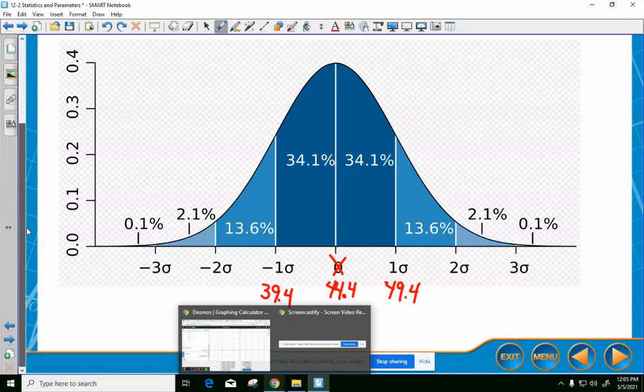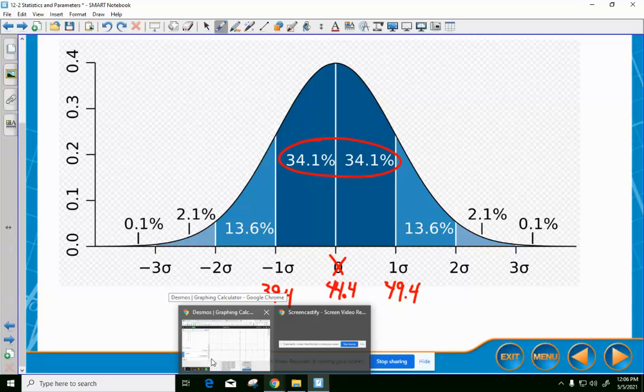So between the scores of 39.4 and 49.4, I can guarantee you that 68% of all the kids in that class scored somewhere between a 39.4 and a 49.4. In a standard deviation graph, these percentages don't change. That's the breakdown of that. That's what the standard deviation tells me, is that I will get these percentages inside of there.